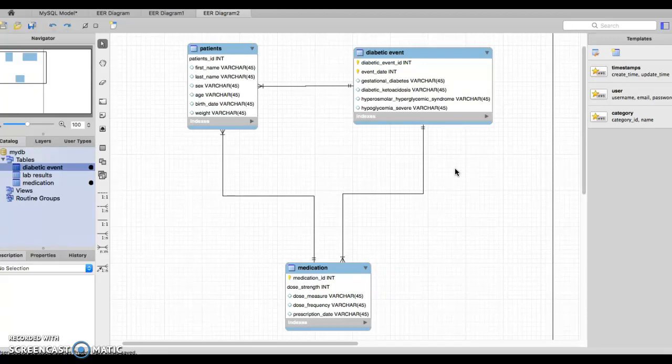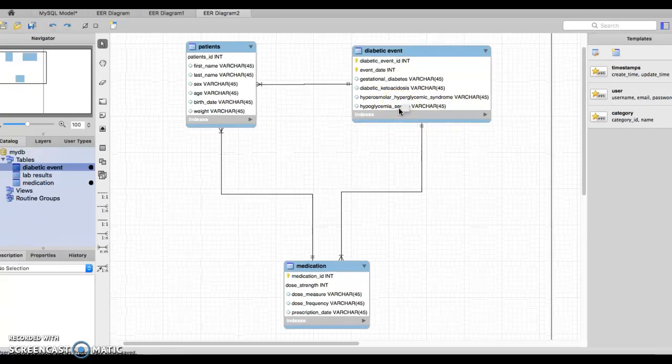type 2 diabetes diagnosis. There are some instances where there are gestational diabetes, diabetic ketoacidosis, hyperosmolar hyperglycemic syndrome, or hypoglycemia in the severe sense. Now, this is because some people can experience events that are similar to diabetes without having a proper diagnosis, like I had stated, particularly in terms of gestational diabetes.